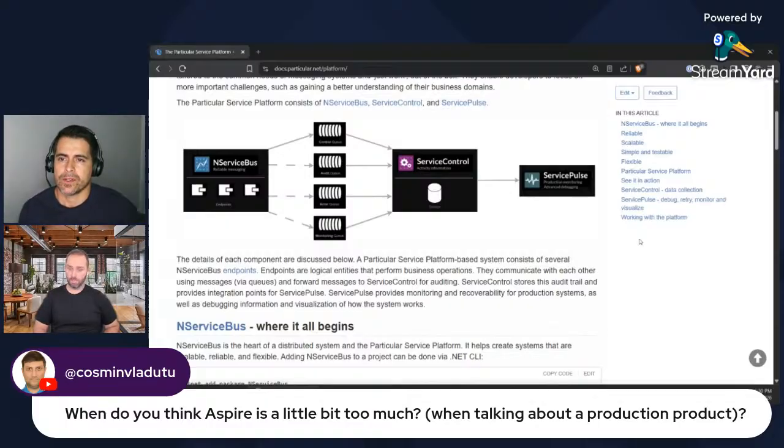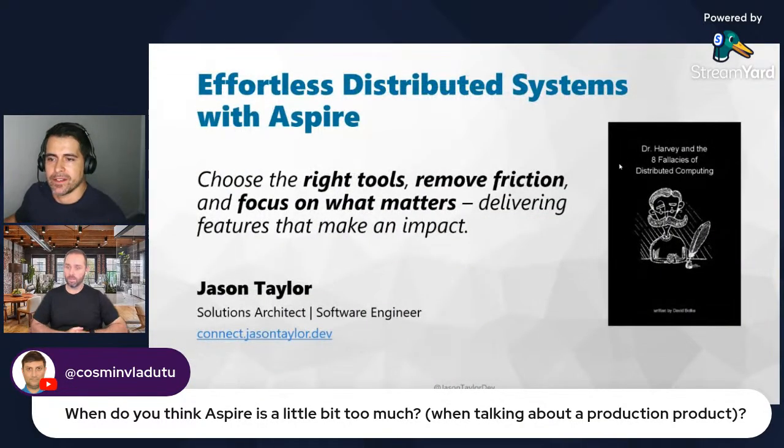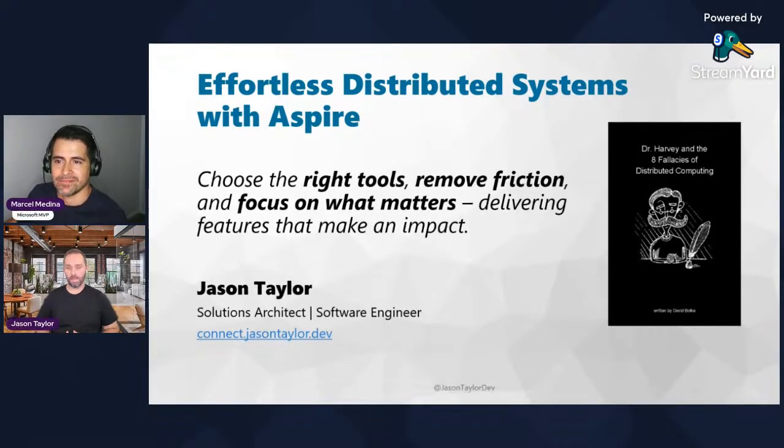We got a question from Cosmin. He asked, when do you think Aspire is a little bit too much when talking about a production product? Okay, let's think about that. That's a really good question. When we go into production, what parts of Aspire might be too much?